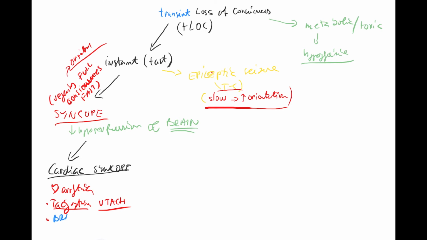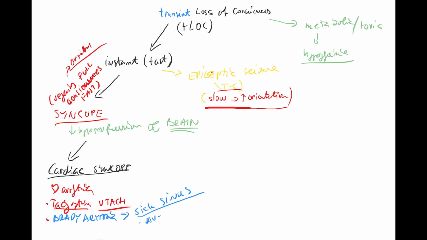Or it could be a bradyarrhythmia, a very slow one. And especially in these cases, remember three things, or maybe two: sick sinus syndrome and bradyarrhythmia, and also AV blocks.